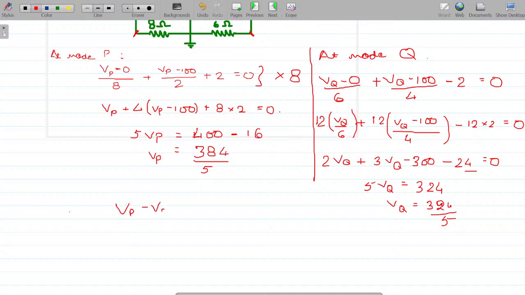Vp minus Vq is equal to 384 upon 5 minus 324 upon 5. This would give me what? 60 by 5. Your answer would be 12 volts. Okay? Right?